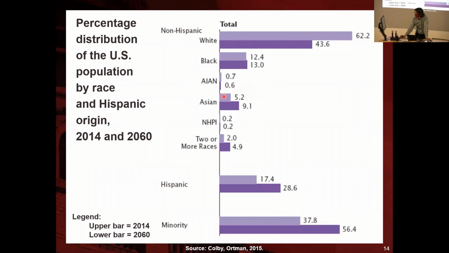So Hispanics and Asians increasing, whites declining, okay? And the other groups are kind of stable over time, but you could say two or more races is also increasing proportionally a lot. But again, we are just putting all these groups together and calling them minority, and then saying that they will be more than 50% of the population, right? And non-Hispanic whites will be less than 50%.